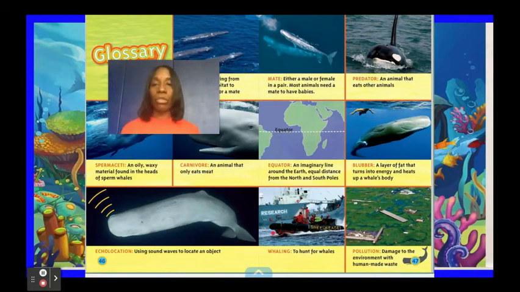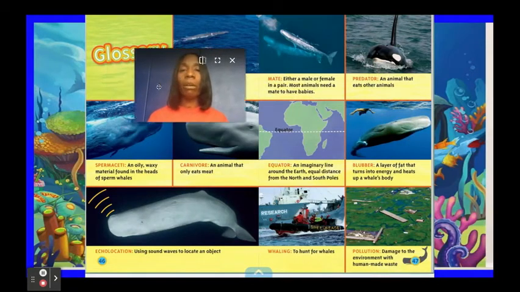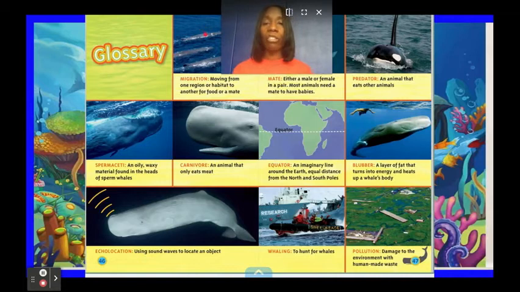Now, scholars, so here the author has 10 words that she feels it's important for the reader to know the word, but also know the definition and to have a picture to create a visual.